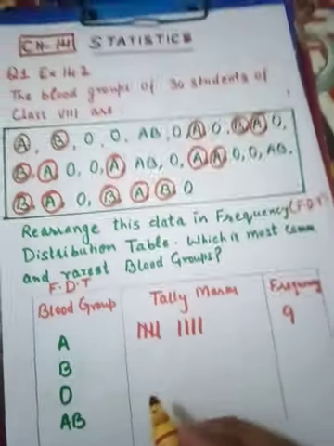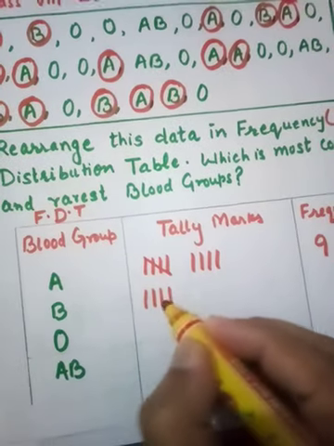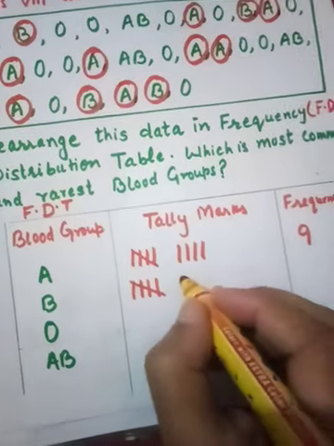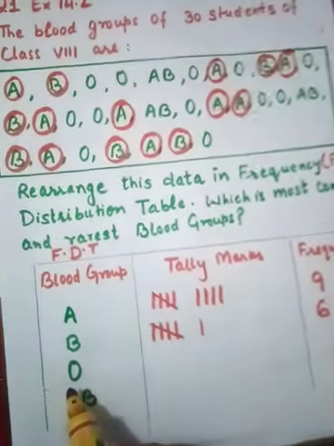It has come 6 times, which is 4 horizontal bars, 1 slanting and 1 here. So 6 times.